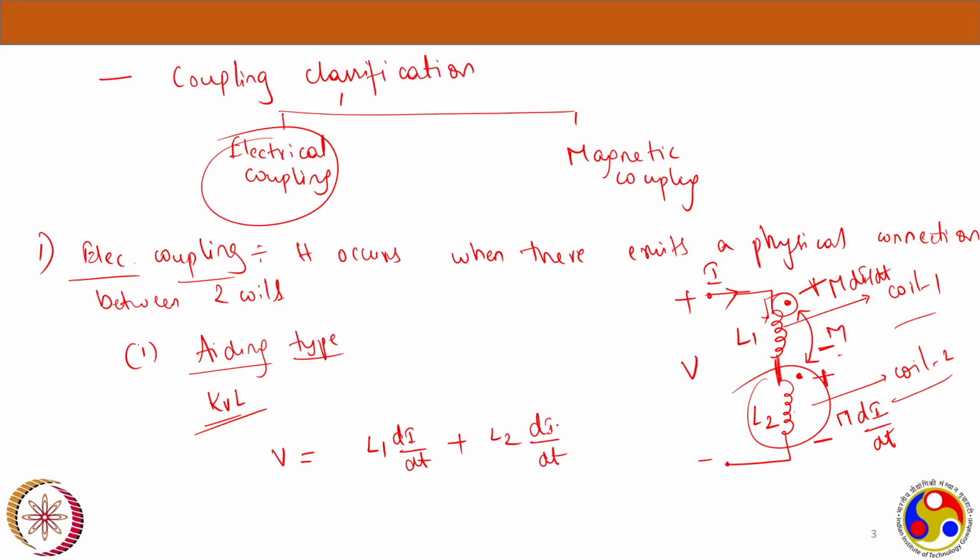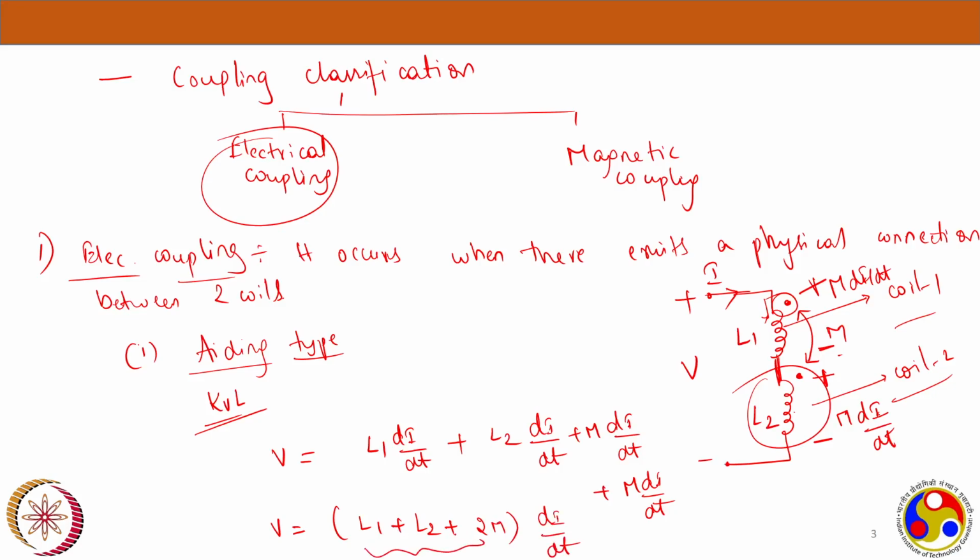I'm writing the self-inductance parts first. Now the mutual inductance parts: plus M di by dt, plus another M di by dt from the other coil. We have di by dt common and M is a common term. If I take that common, V is equal to L1 plus L2 plus 2M, total, multiplied by di by dt.